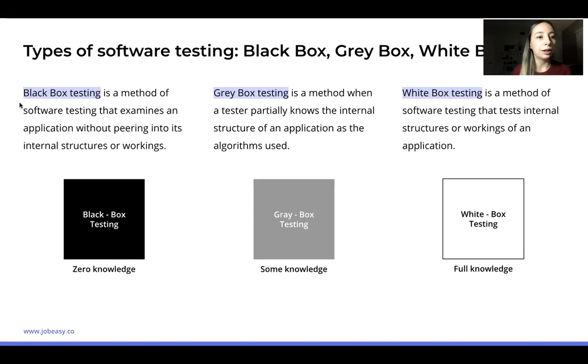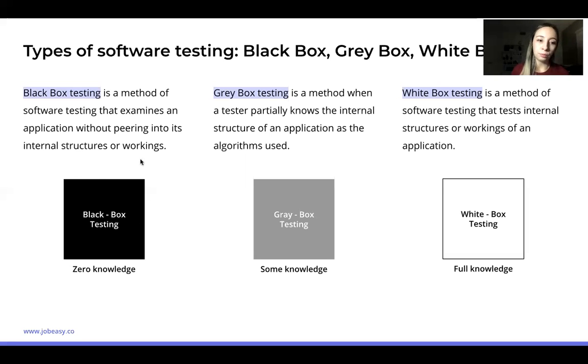This is the approach that takes our app as a black box and we just execute the test cases. With black box testing, we usually have zero knowledge about the actual structure of our app, what is inside, and how it works.